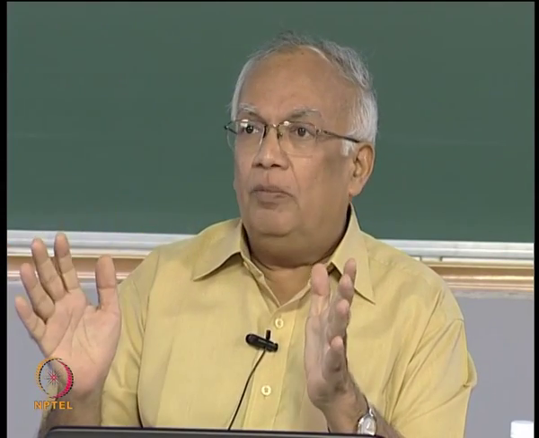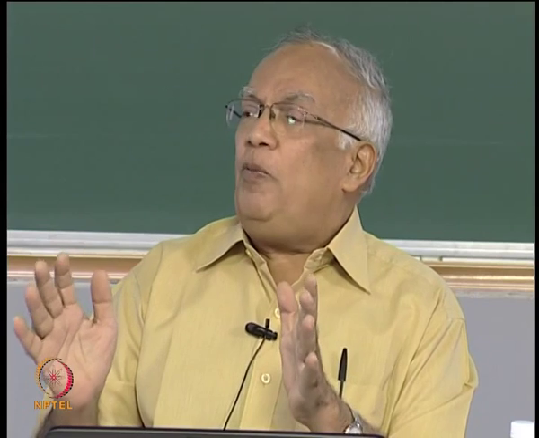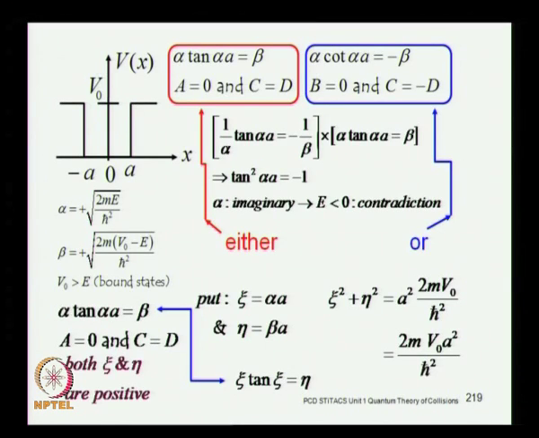These two parameters completely define the potential, and they define actually the capability of the potential to hold a bound state, which is why it is called the strength parameter. And this, as you can see, is an equation to a circle between xi and eta.